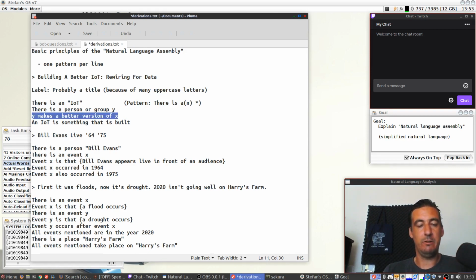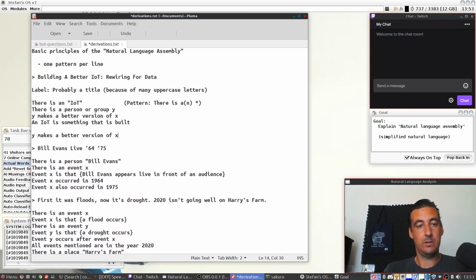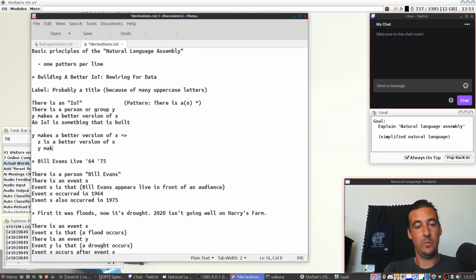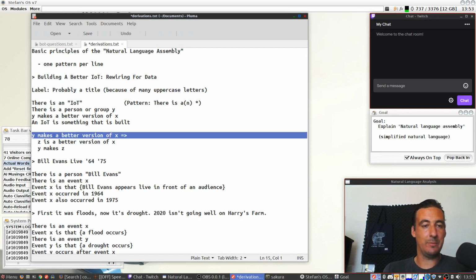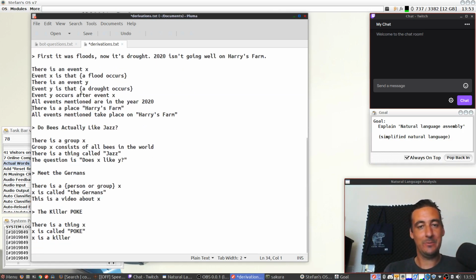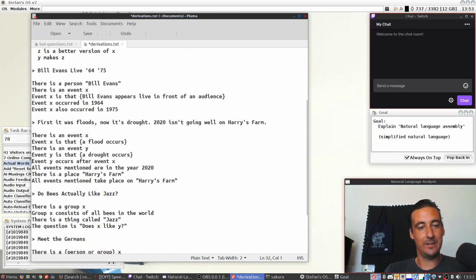So if we would rewrite this to an even lower level, we could rewrite this to Z is a better version of X, Y makes Z. If you're a programmer, probably this kind of rewriting makes some sense to you. If you're not, maybe you're confused now already. But it's not really all that complicated.